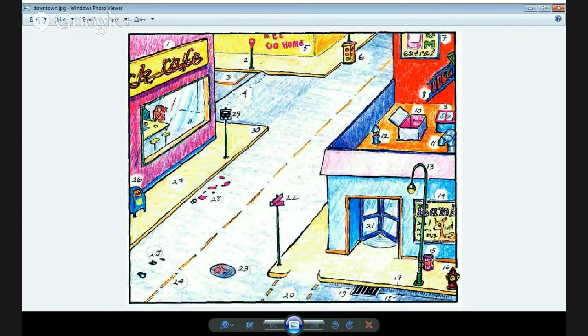So the question is, where is the billboard in relation to the movie theater? The billboard is above the movie theater. Good.